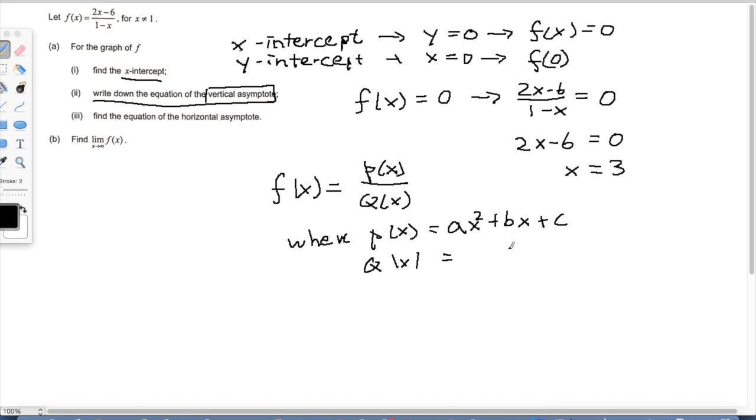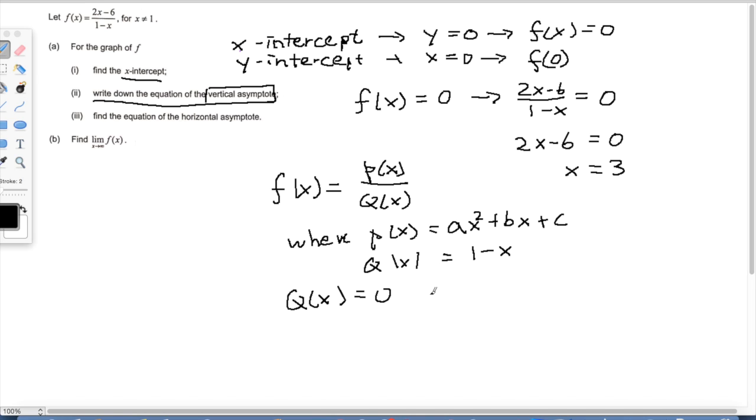In this case here it is 1 minus x. So when we solve for the vertical asymptote, we are going to solve q(x) equal to 0.